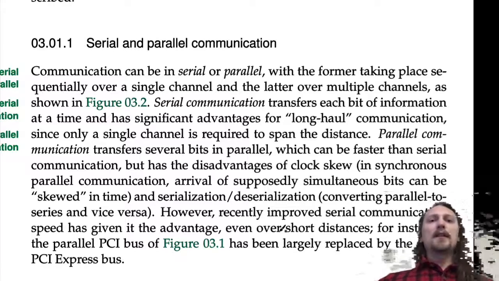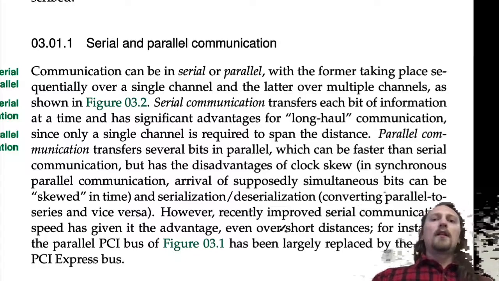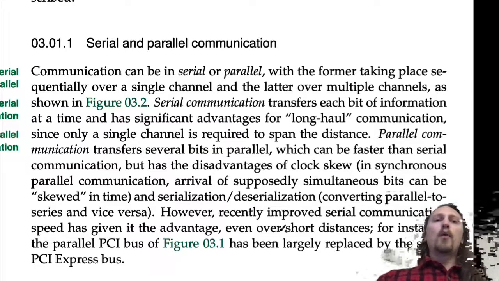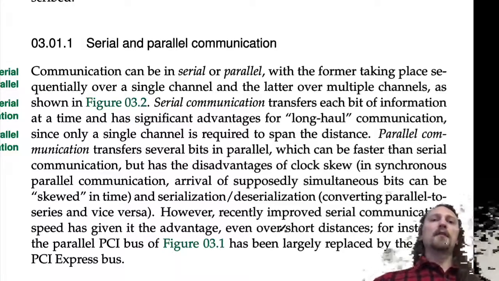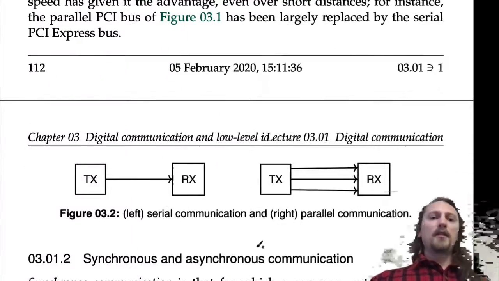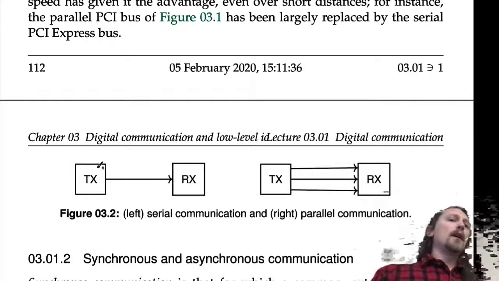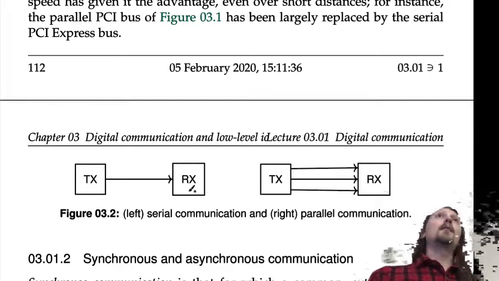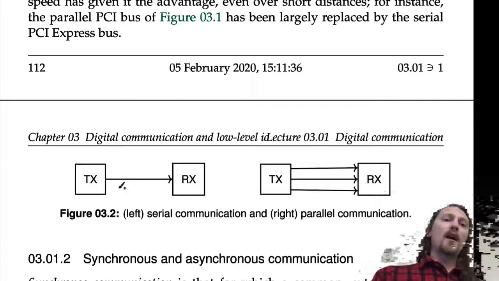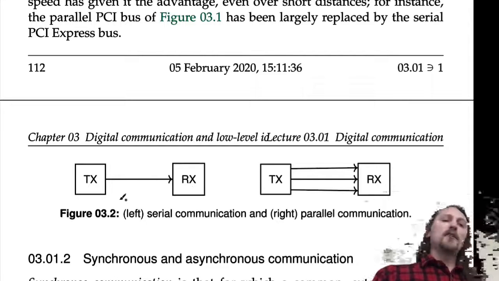Communication can be in serial or parallel, with the former taking place sequentially over a single channel and the latter over multiple channels, as shown in figure 3.2. So here's that figure. You have a transmitter in serial communication with the receiver, and there's only one channel here.